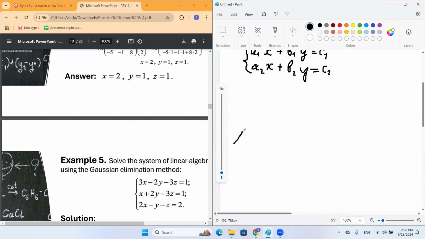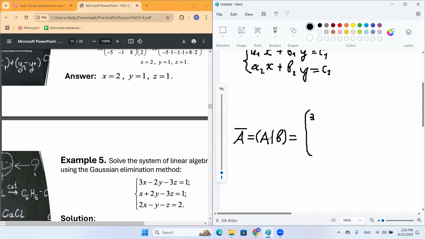So what we should do, we need to expand our matrix for doing elementary transforms. It will look in the following way.